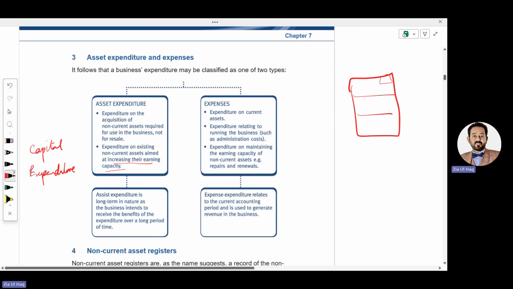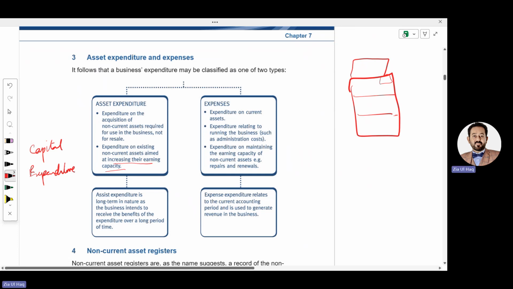If we are paying some money for whitewash, will that whitewash increase the income of that building? No, this will be expensed out. But suppose we are building another room in the building. This other room's cost will enhance the income of the asset because we can now rent out 4 rooms.